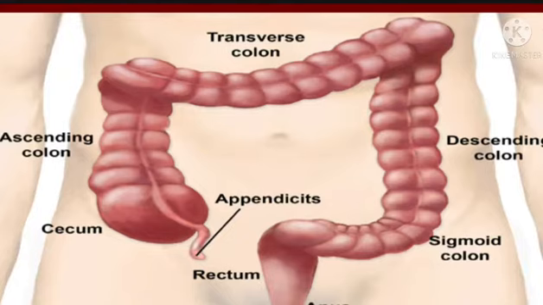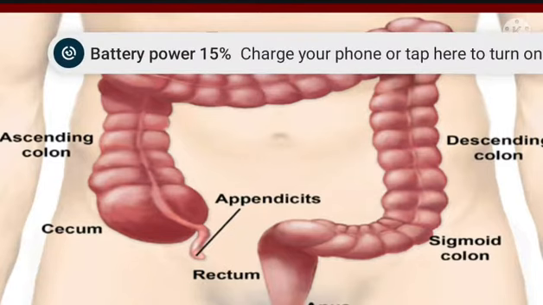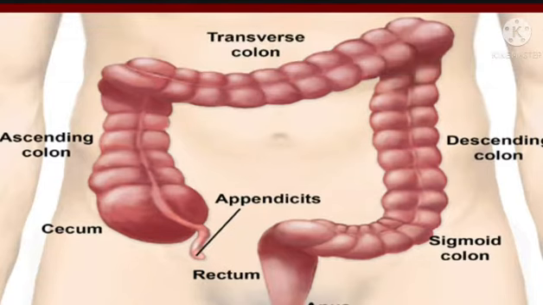Both the cecum and vermiform appendix are larger in herbivorous animals and act as an important site for cellulose digestion with the help of symbiotic bacteria. The colon is divided into four regions, namely the ascending region, transverse region, descending part, and sigmoid colon.